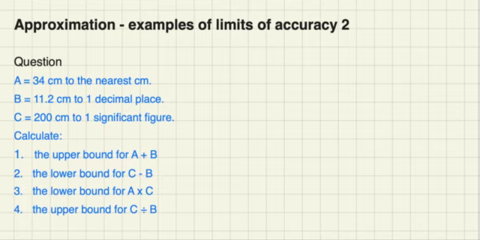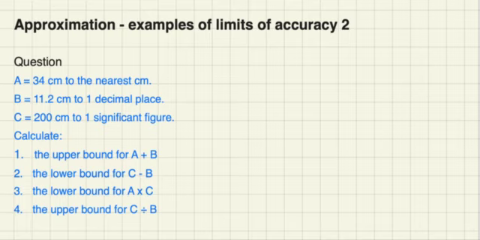So the question has three values, A, B, and C. Value for A is 34 centimetres, and 34 centimetres has been measured to the nearest centimetre. The value for B is 11.2, and it's been measured to a limit of accuracy of 1 decimal place.